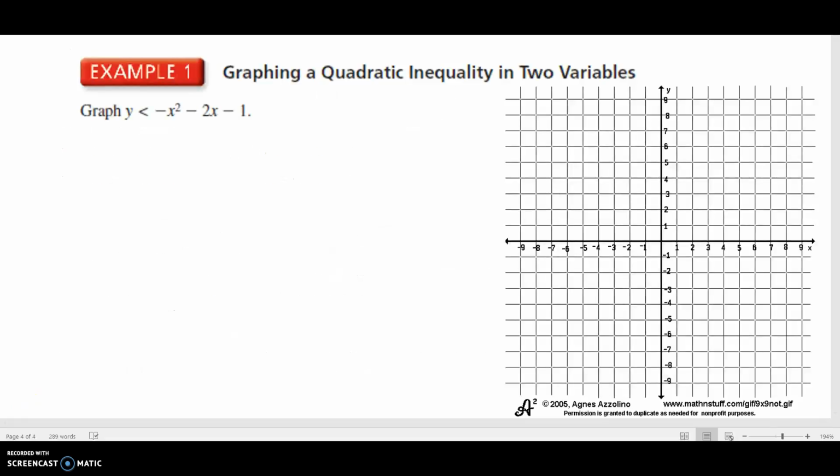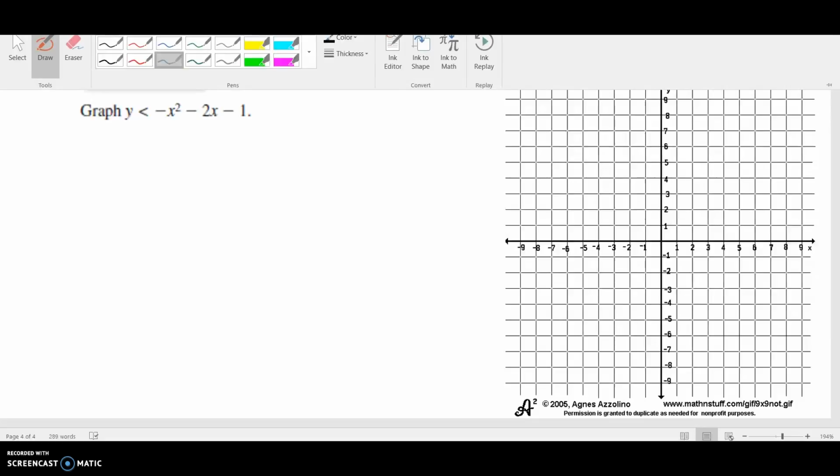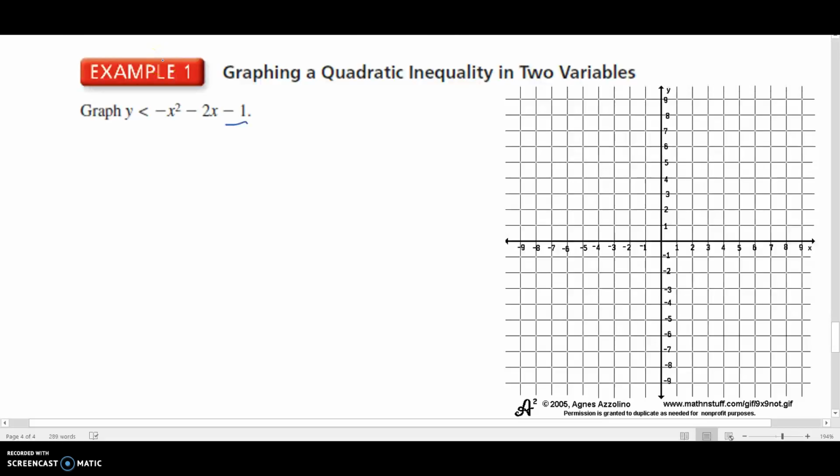For example 1, I'm going to go into my graphing calculator, and I would enter y equals negative x squared minus 2x minus 1 and take a look at the table.